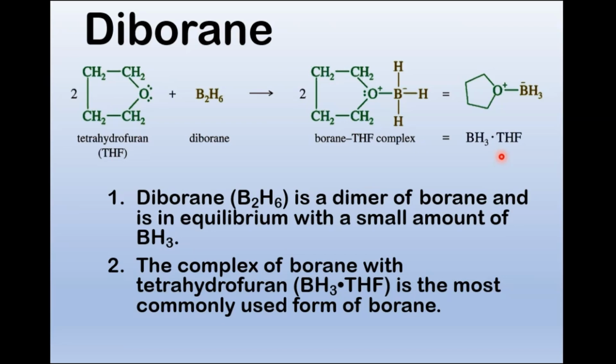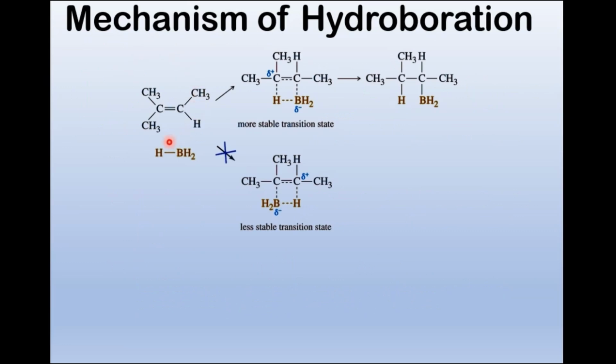It's going to be anti-Markovnikov regioselectivity, and it's going to be syn stereochemistry. All right, so now we can see the rich, we can see the poor, and we can see that the poor got the hydrogen. So there's the anti-Markovnikov.